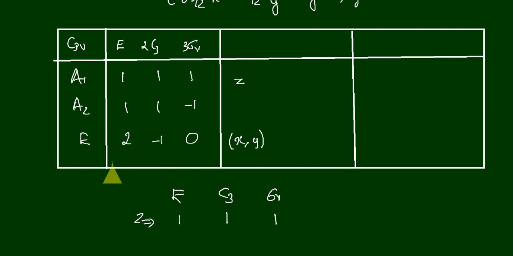And now this is obvious that z transforms by a different species A1, right? Than the degenerate pair xy, which is transformed by the species E. അല്ലേ, x ഉം y ഉം E സ്പീഷീസ് ആയിട്ട് ട്രാൻസ്ഫോം ചെയ്യപ്പെടുന്നു, z എന്ന് പറയുന്നത് A1 സ്പീഷീസ് ആയിട്ട് ട്രാൻസ്ഫോം ചെയ്യപ്പെടുന്നു. That is an important fact, right?